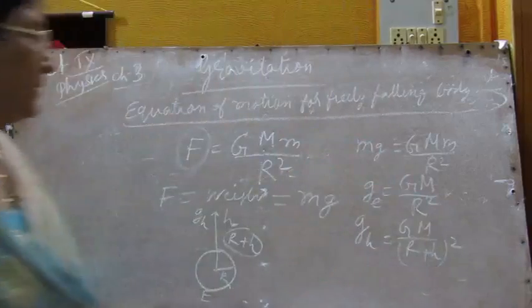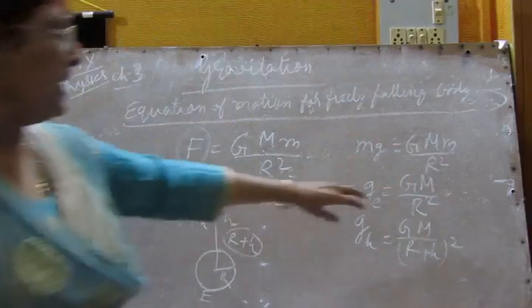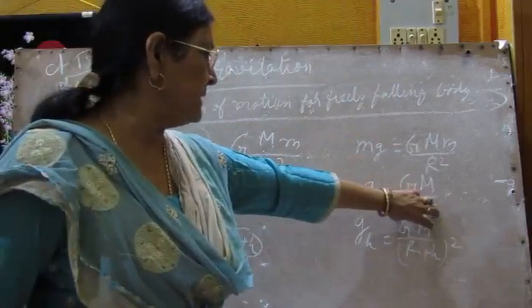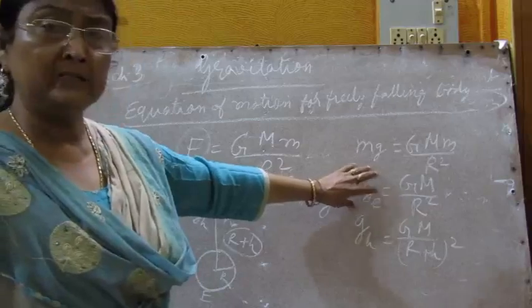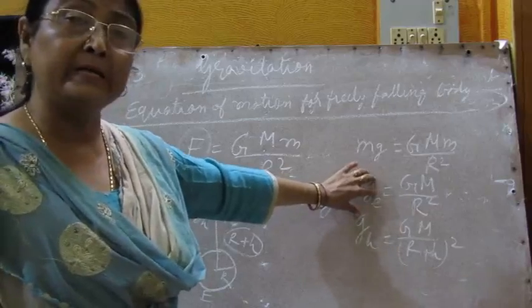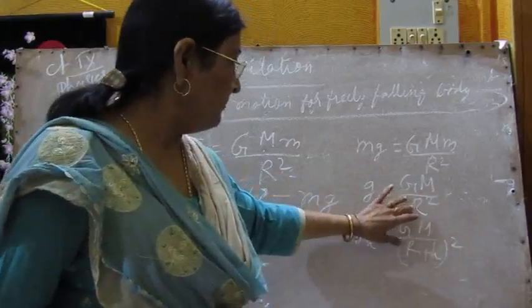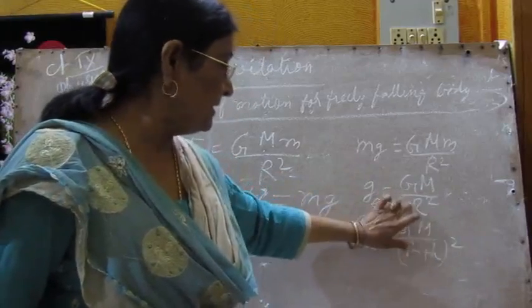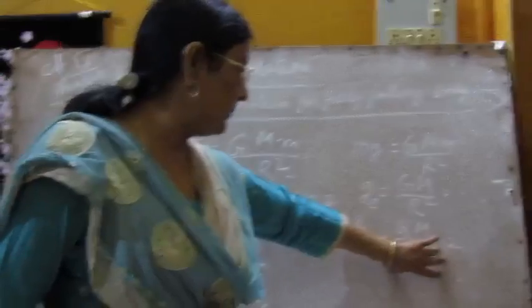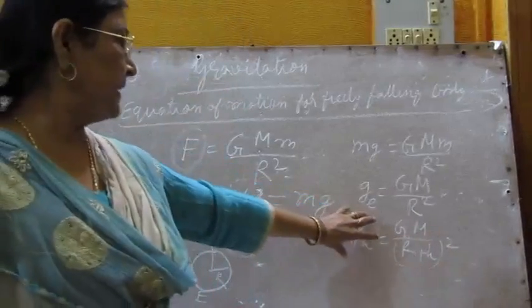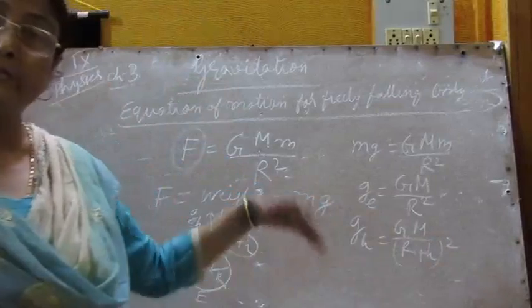Now you see, if the denominator increases, then definitely g will decrease. R plus h is definitely greater than R. Since the denominator is increasing, therefore gh will be decreasing.